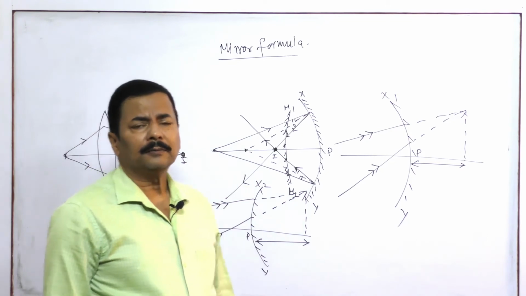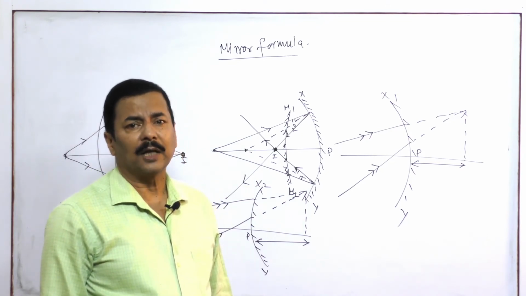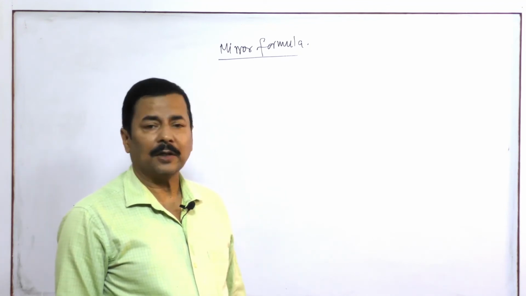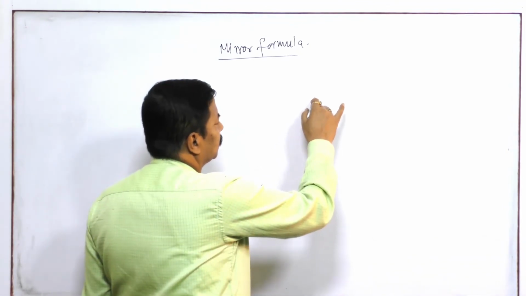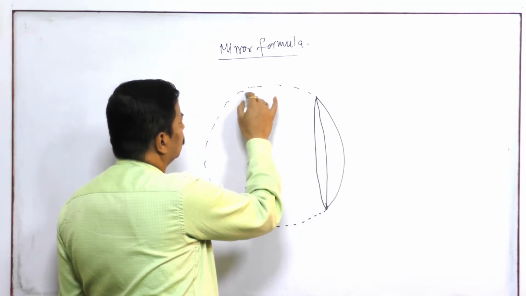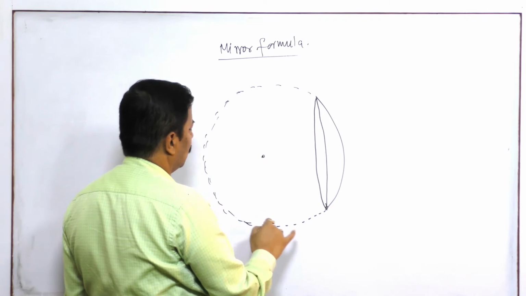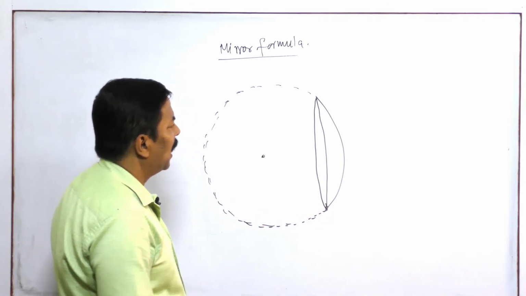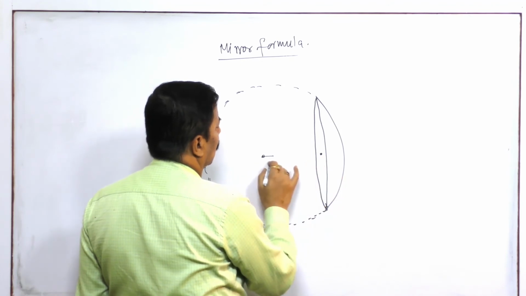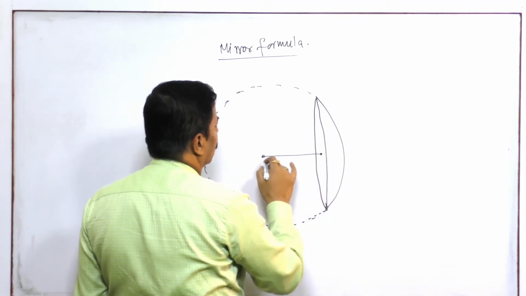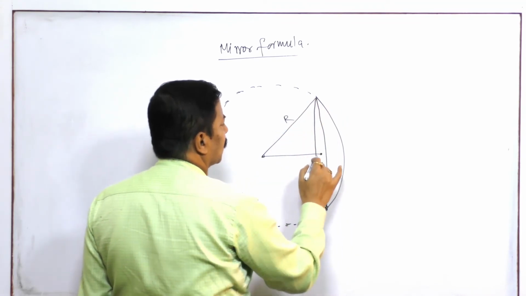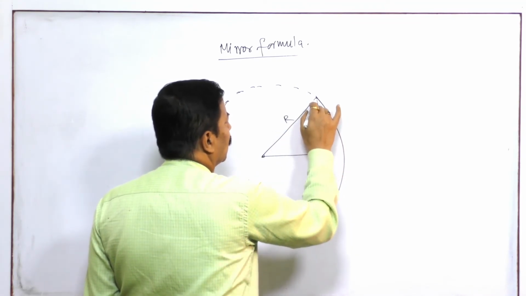One more thing that I have not discussed is the aperture. Sometimes the question can be framed on aperture also. Suppose from this sphere we have cut one portion. This is your R, this is your small r.